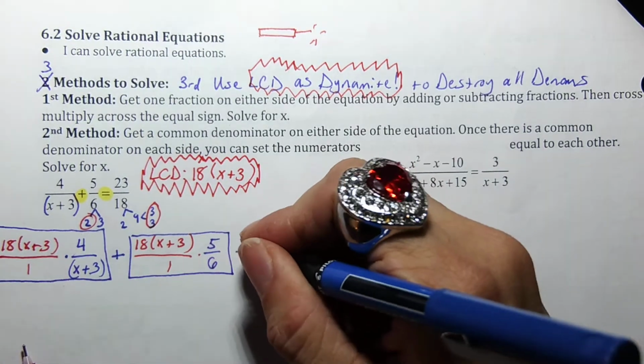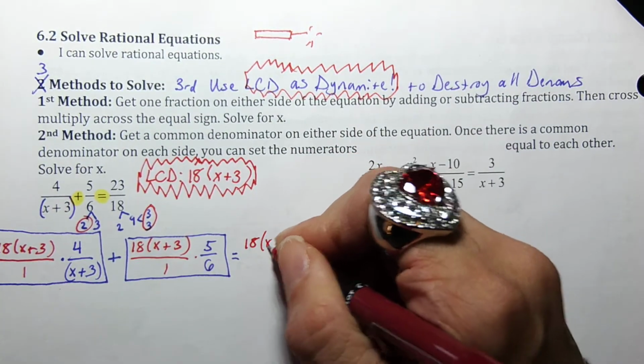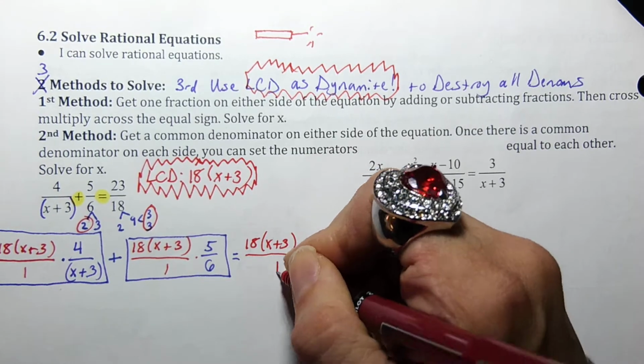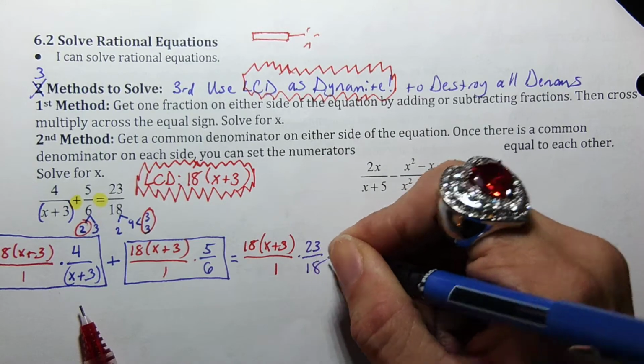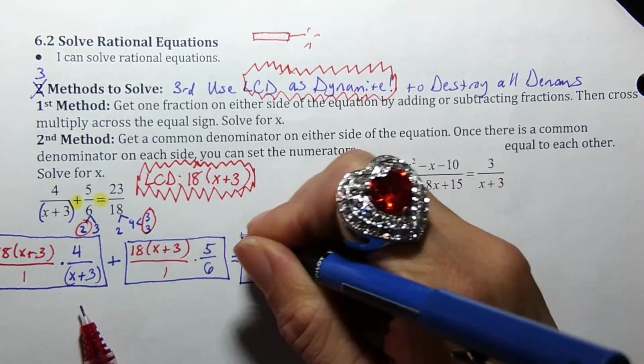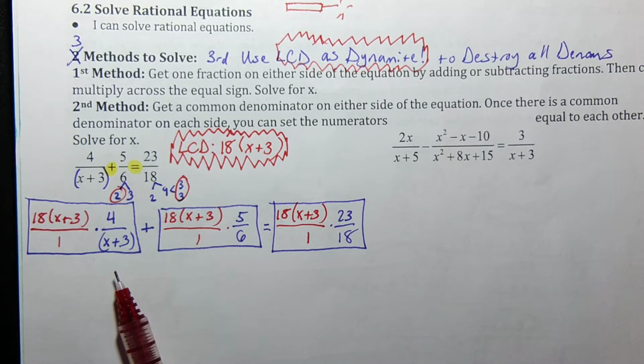Then our equal sign, one more stick of dynamite down, 18 x plus 3. So everything in purple was our original equation. Everything in red is the dynamite or the LCD that we are going to be using on all of those denominators.